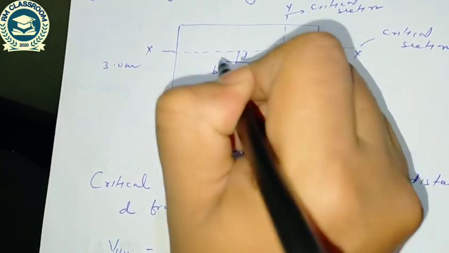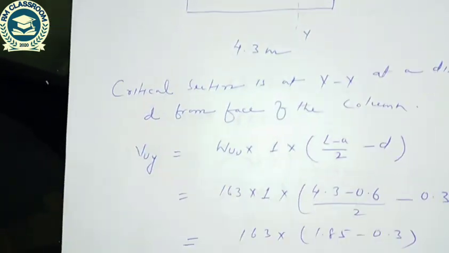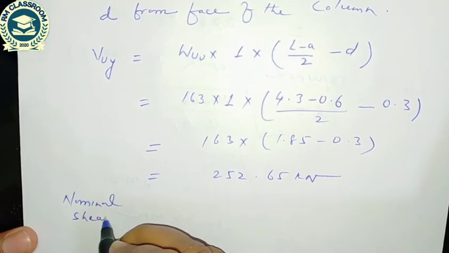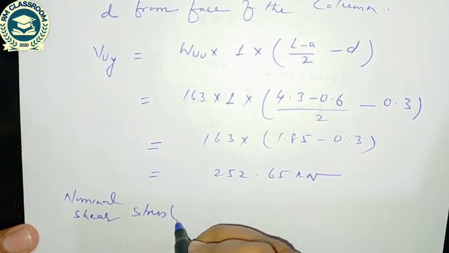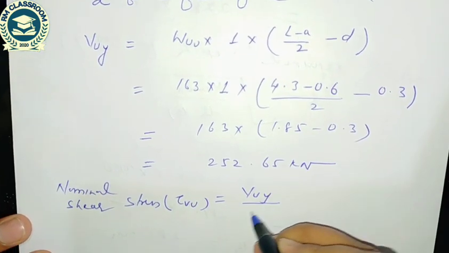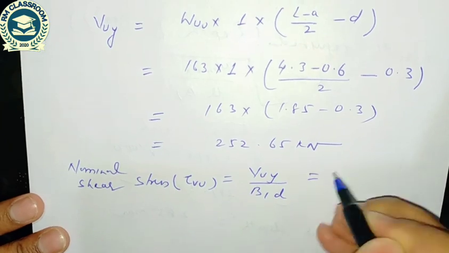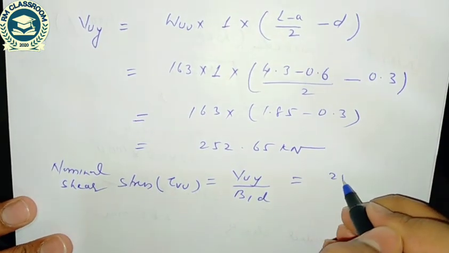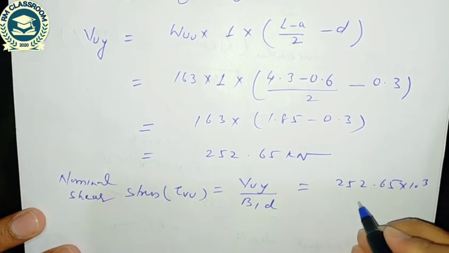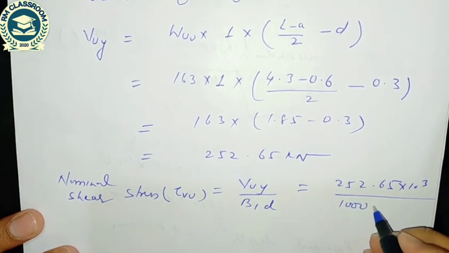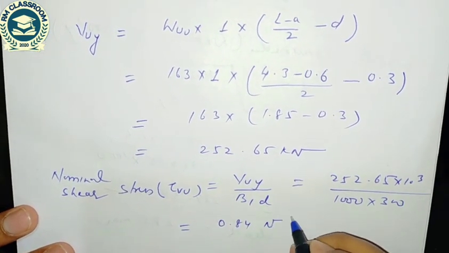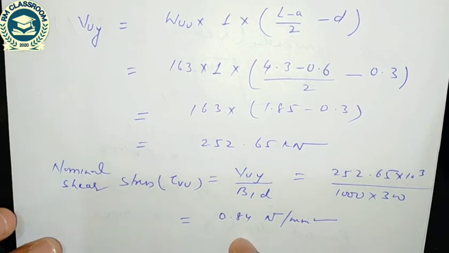This dimension is 600 and this is 300. Nominal shear stress, tau v, is equal to Vu divided by b into d, which is 252.65 into 10 to the power 3 divided by 1000 into 300. So it is coming 0.84 Newton per mm square.